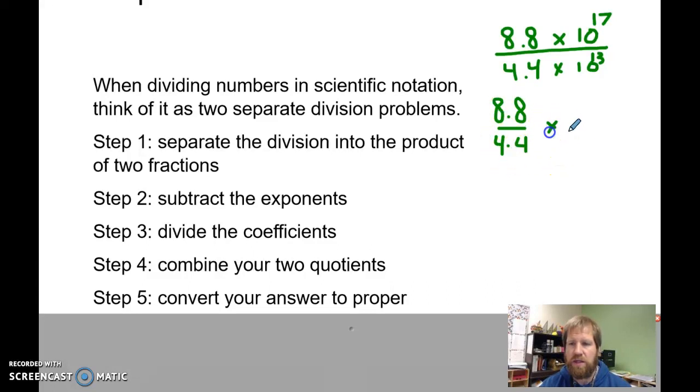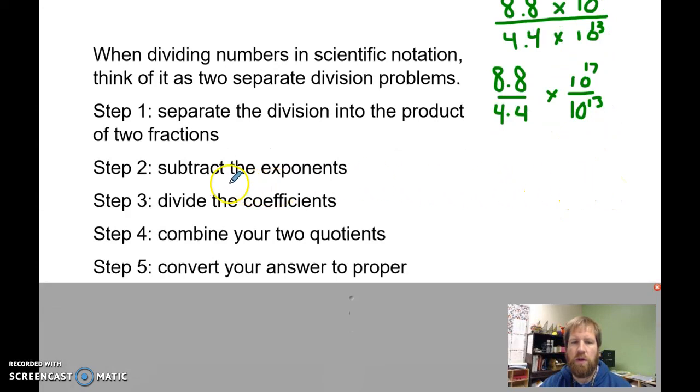And it's pretty easy to do 10 to the 17th over 10 to the 13th with those rules of exponents that we just worked on. Okay? So this is a pretty difficult problem, but each of these individually are not too bad. Okay? So that's our first step, is to break it into two.